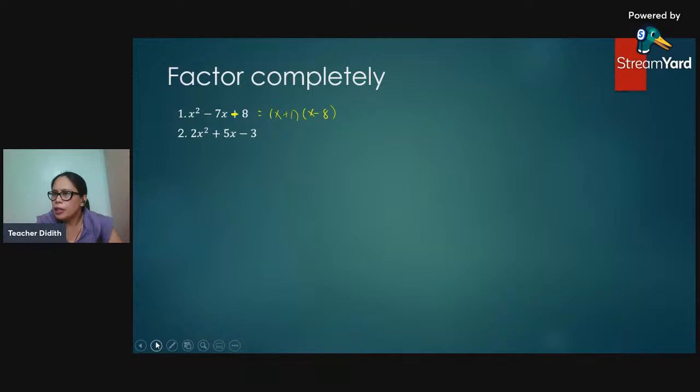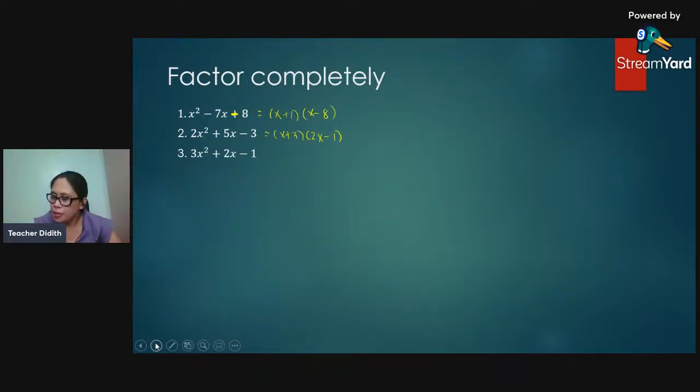Okay, Alan, Angelica, okay, Harvey, Eunice, and that is correct. Okay, so it's x plus 3, quantity 2x minus 1. So whichever will be the first factor, it doesn't matter, no? How about for this?